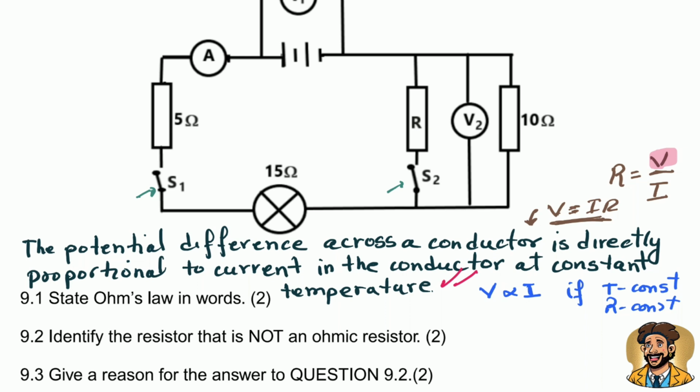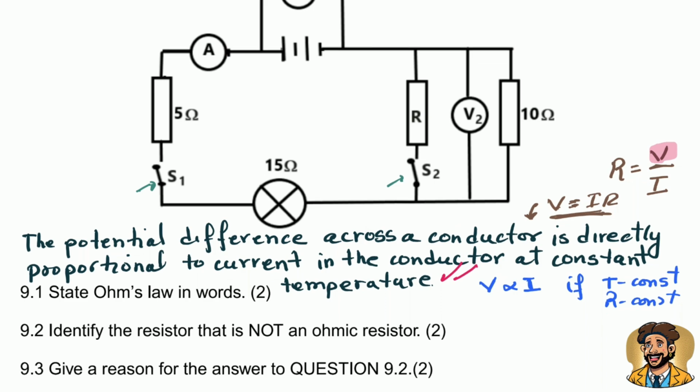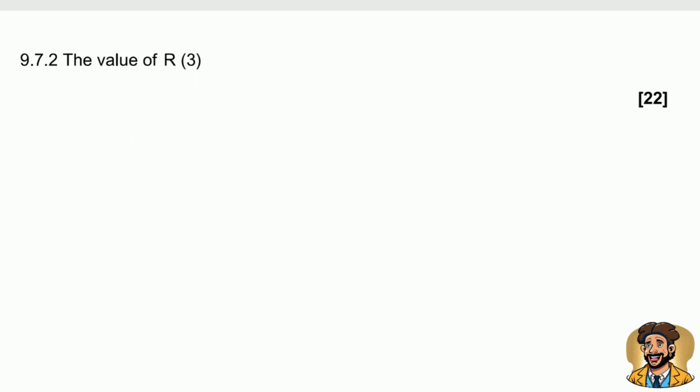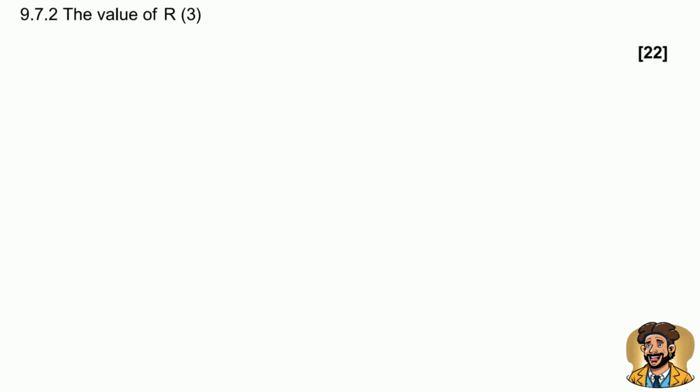It's not that bad. Identify the resistor that is not an ohmic resistor. So let's have a look at ohmic and non-ohmic resistors. Let's make a small note here for that specific question.